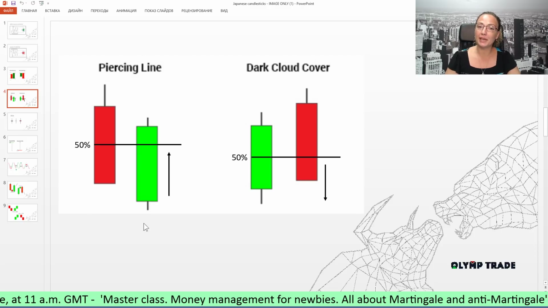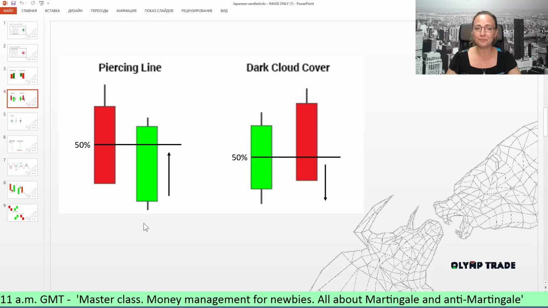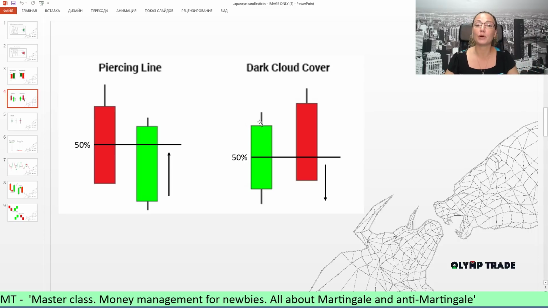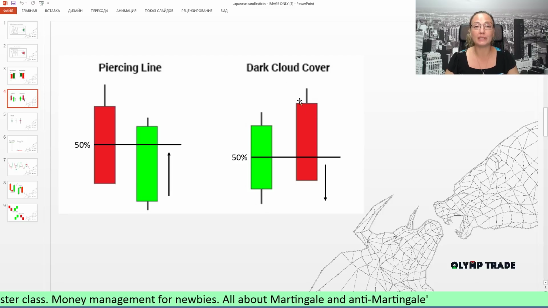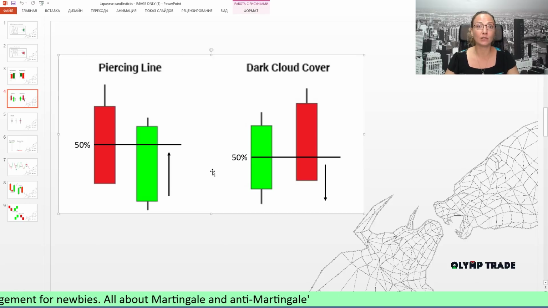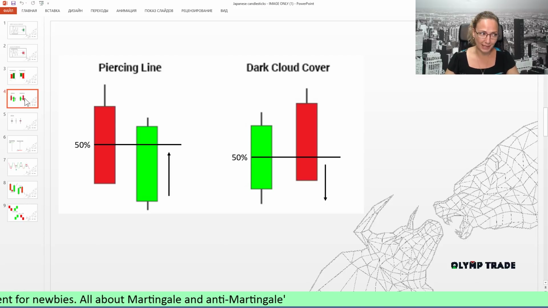And likewise, we have the dark cloud cover. It works exactly the same way. At the end of an uptrend, we have a bullish candle followed by a bearish candle that opens above the previous candle and closes below the midway point, below the 50% line. It could also be a signal for a reversal to the downside.